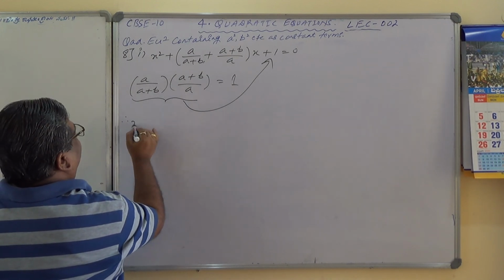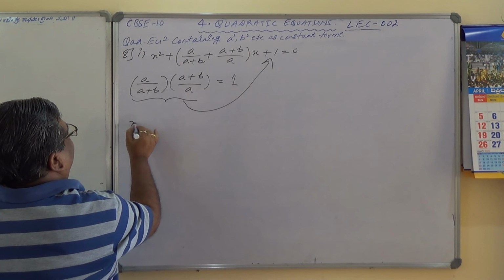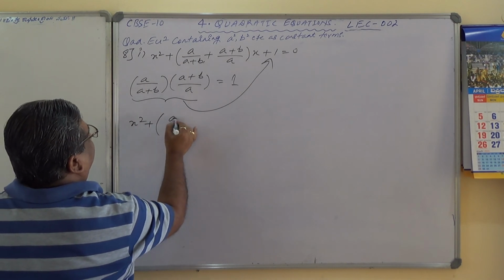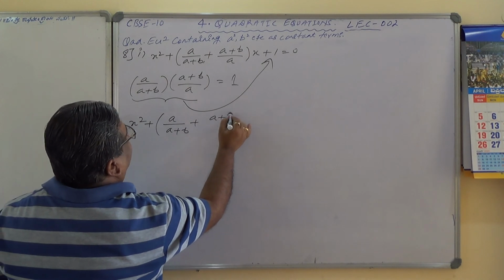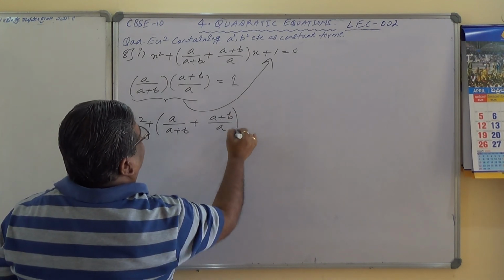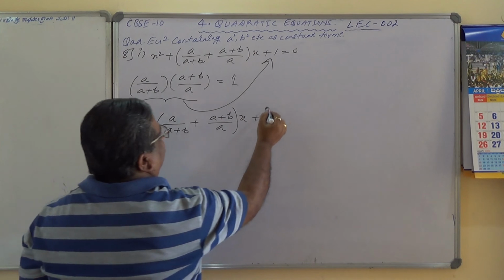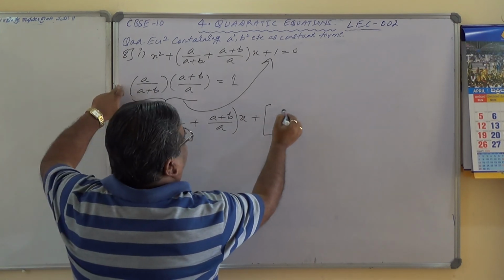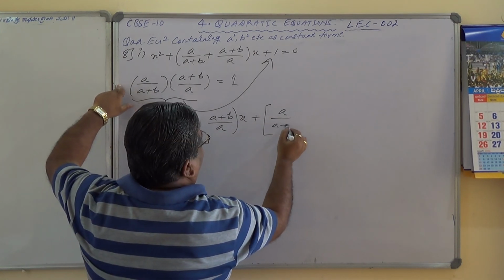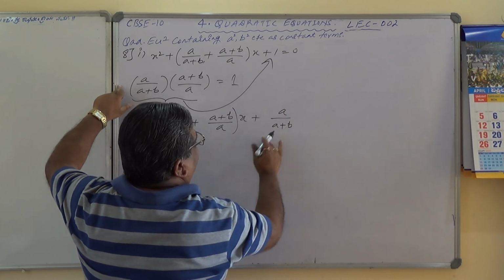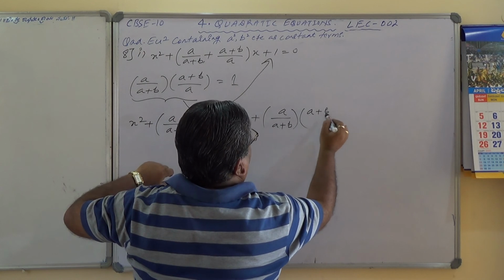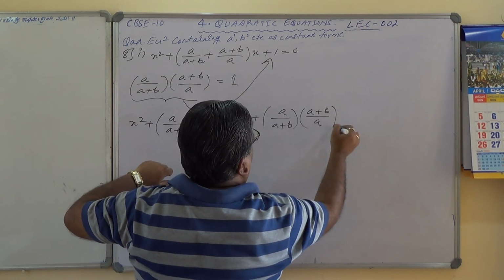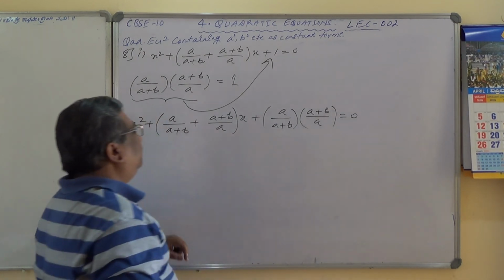Therefore, rewriting the equation, I get x square plus a by a plus b plus a plus b by a times x plus, here, a divided by a plus b, I will use this parenthesis, into a plus b divided by a equals 0.